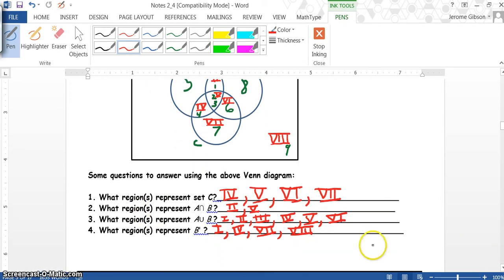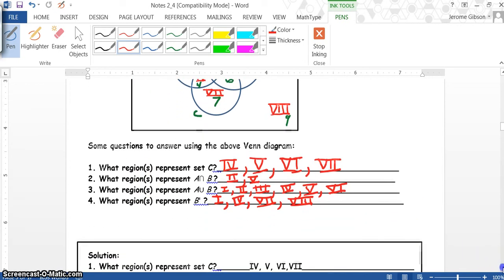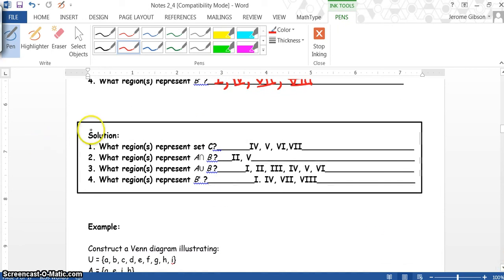Now, that takes care of these 4 questions. Now we need to move down. What we have here, we have the solutions.